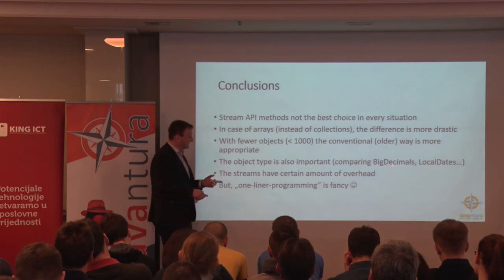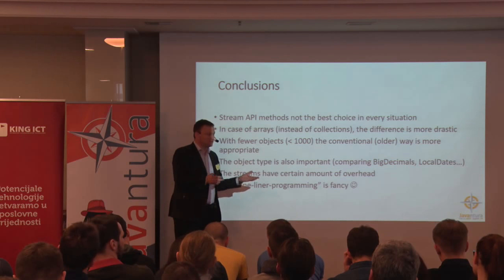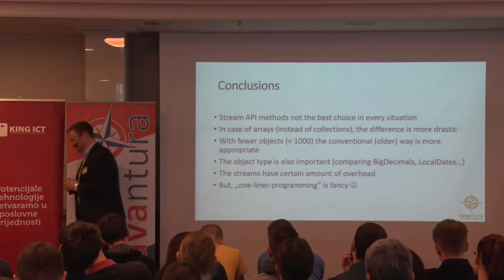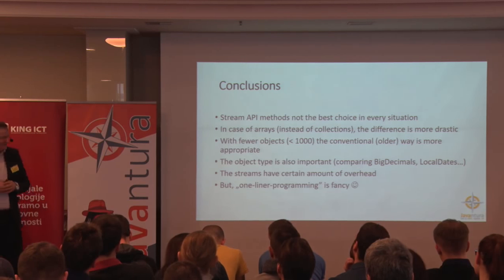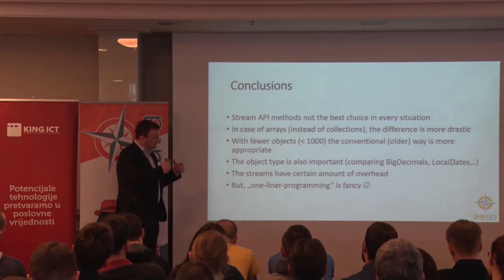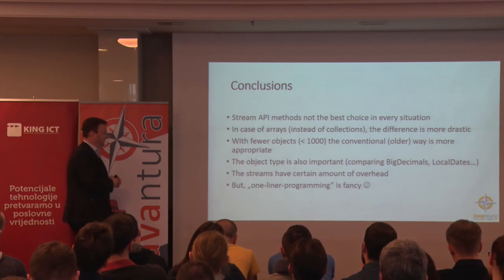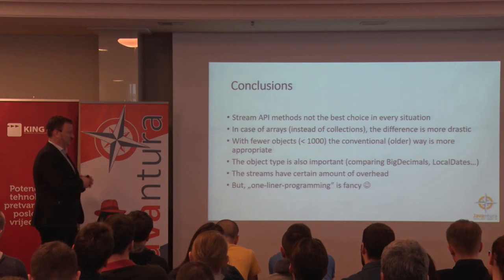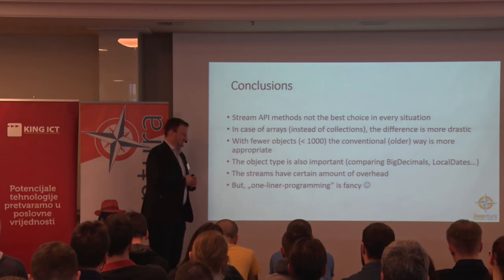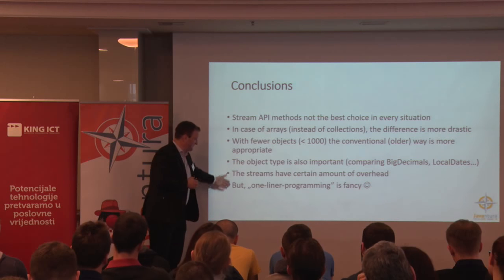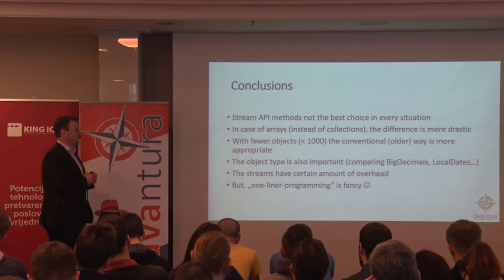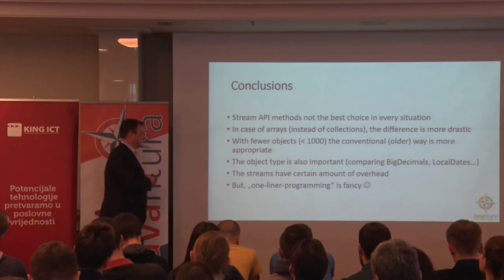If you compare only strings or big decimals, it's not the same. Strings are the most well-known object type in Java, but what about big decimals and local dates? The situation is a little bit different. So lambdas start to show their muscles, of course, more often with big decimals. And the stream has a certain amount of overhead, so you should calculate this when you're planning to implement your solution.